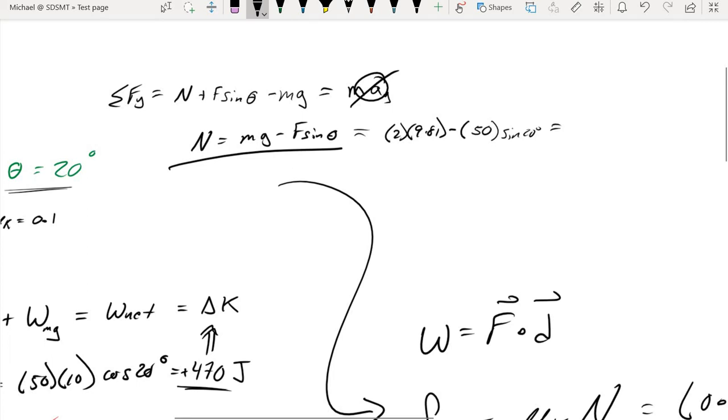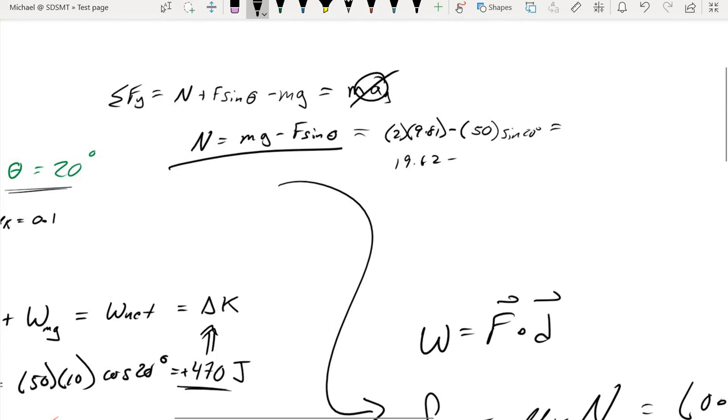I'm hoping I haven't produced an impossible problem here. I'm hoping this doesn't lift the block off of the table, but we'll find out. We've got 2 times 9.8 is 19.62.